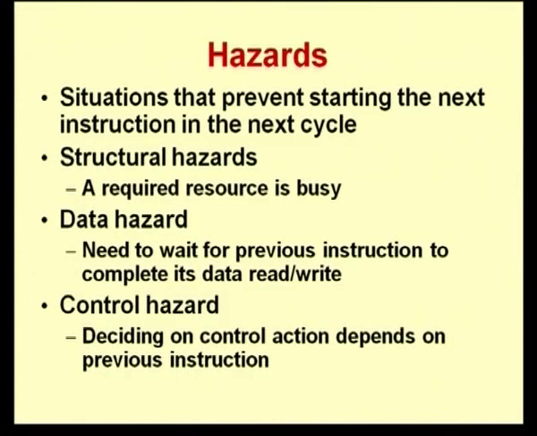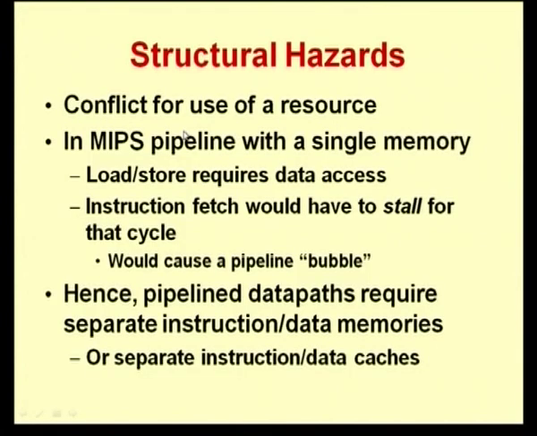So therefore there are these three types of hazards that we need to watch out for: structural hazard, data hazard and control hazard. Three hazards that we need to watch out for and that we need to prevent. As we said, structural hazards happen because of conflict for use of a resource.